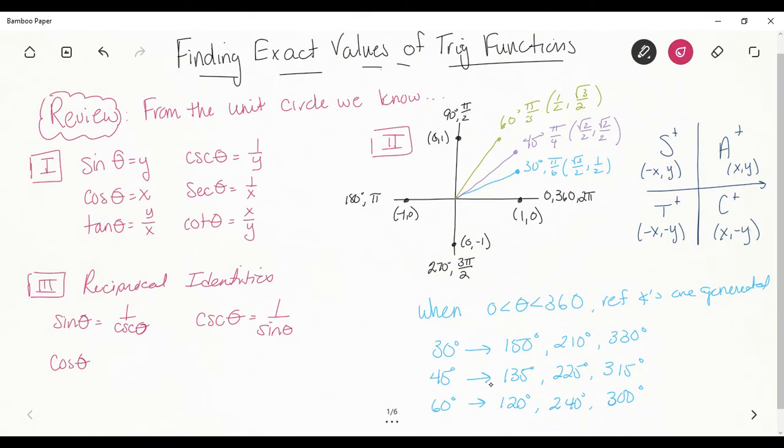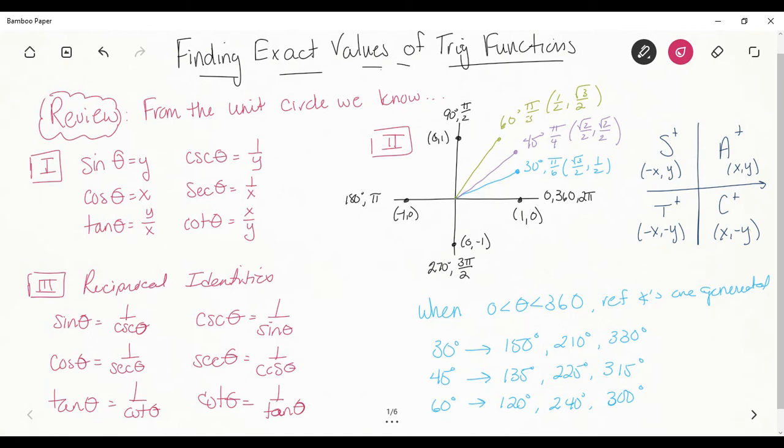Cosine theta is 1 over secant, and secant theta is 1 over cosine. Finally, tangent theta is 1 over cotangent, and cotangent theta is 1 over tangent.